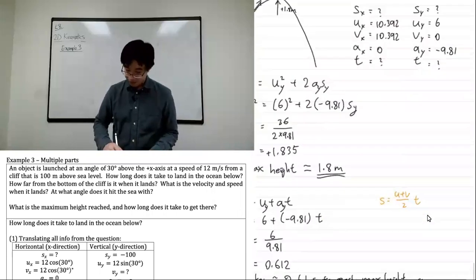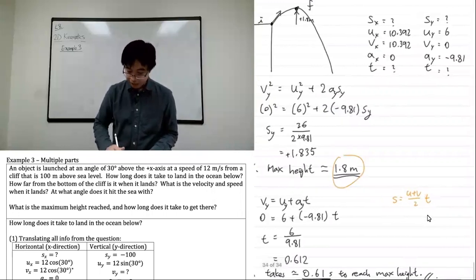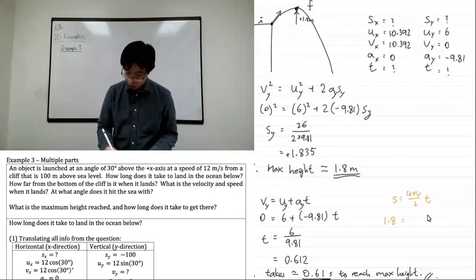So let's give that a try and see if that works. So if I want to find T for the last part, I have S, which I'm going to use from the previous part, 1.8 equals U, which is 6, plus V, which is 0, divided by 2, times T.